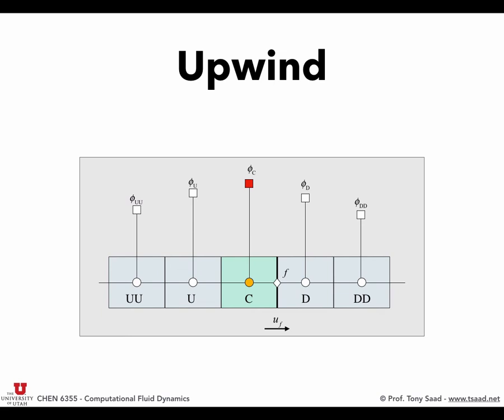Well, we're upwinding, so what we're going to do essentially is take the value of phi at the upwind cell and just donate it to the value of phi at the face. And that's the upwind scheme. It says phi F equals phi C. C is the upwind cell. I don't care if it's I plus 1 or I minus 1. It's just the upwind cell. You figure that out in the code.